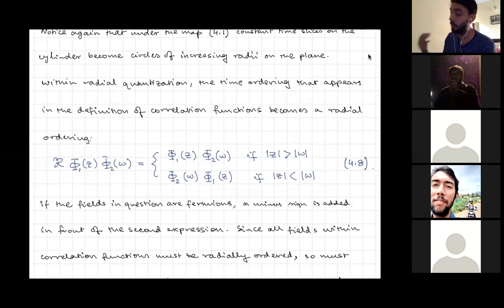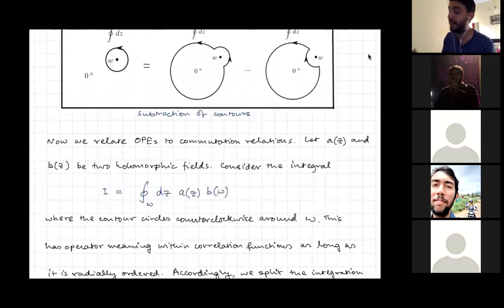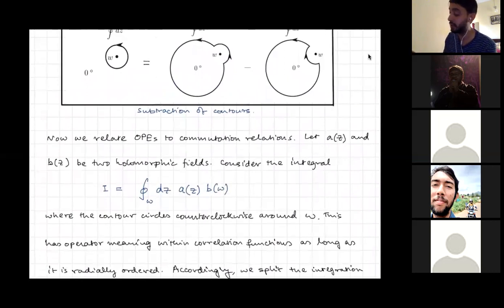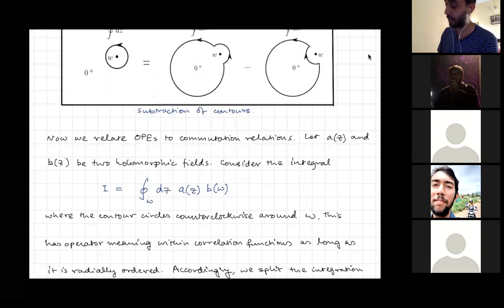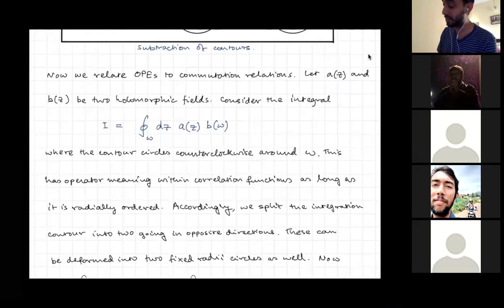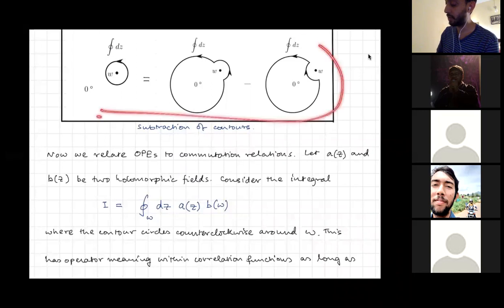This radial ordering also gave us a very natural way to interpret things like the OPE in terms of commutation relations, and we saw an integral like this by deformation of contours, as we tried to show here.